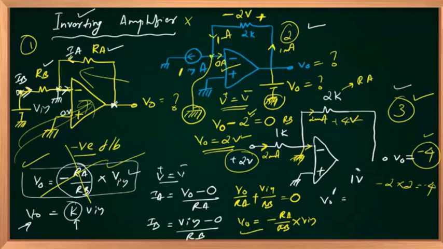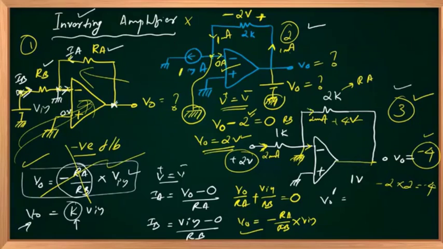If my 1 volt source is absent, it's very similar to our old circuit. You got it as minus 4, that's true. Current flowing through 1K will be 2 minus 0 by 1K, 2 milliampere.